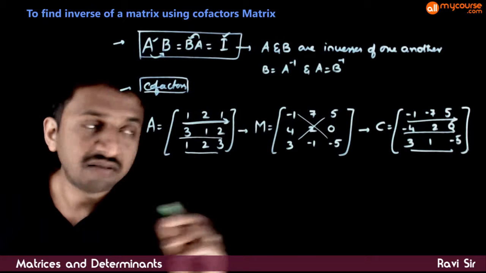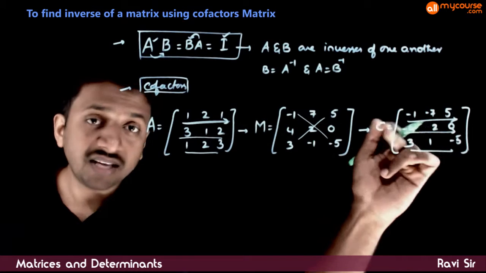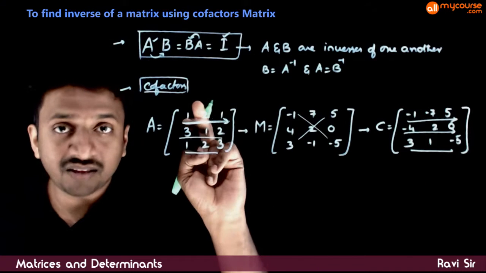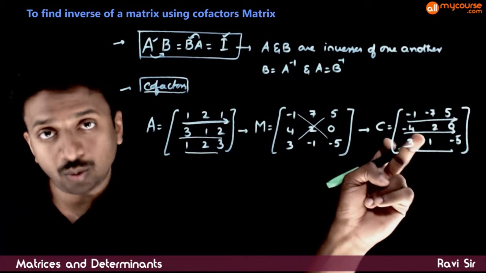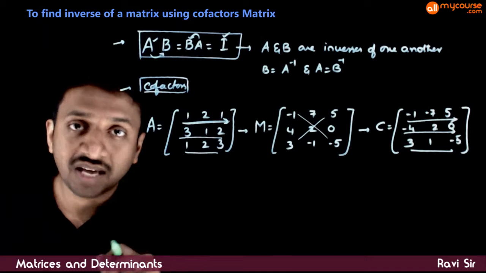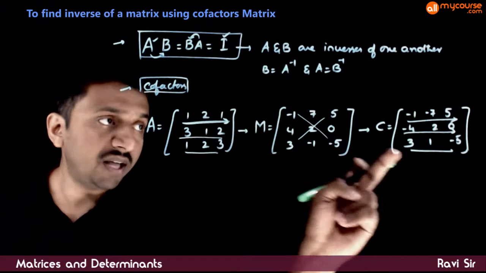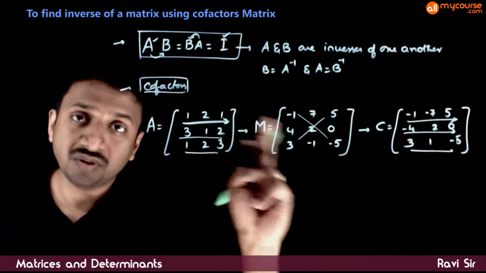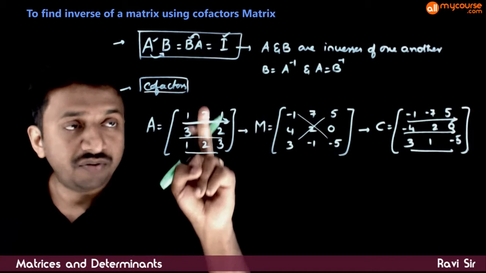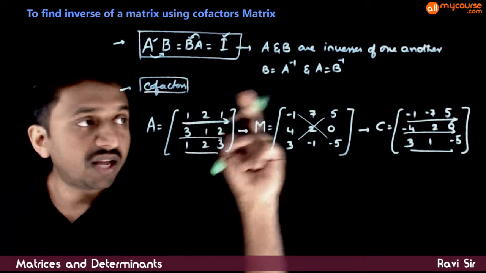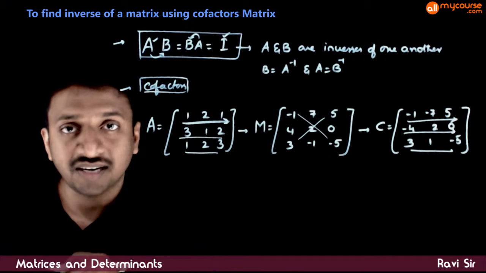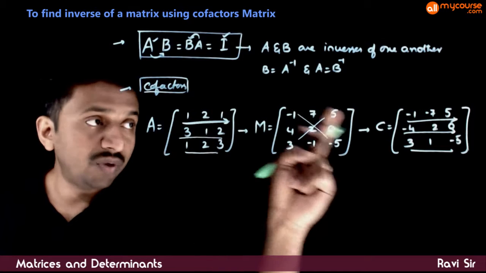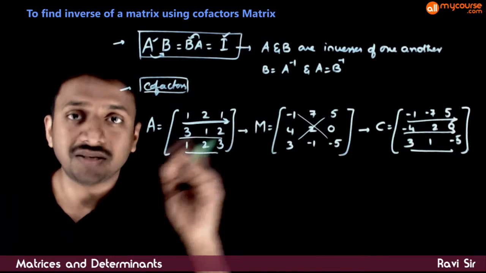If you multiply the first row of A with any other row of C, apart from the first row, such as row 2 of C, you get 0 as the answer. Row 1 of A into row 3 of C gives you 0 as the answer. So if you multiply a row with the corresponding row, you always get the determinant as the answer. If you multiply a given row with another row, you get 0 as the answer.